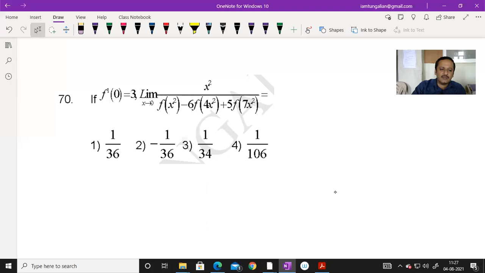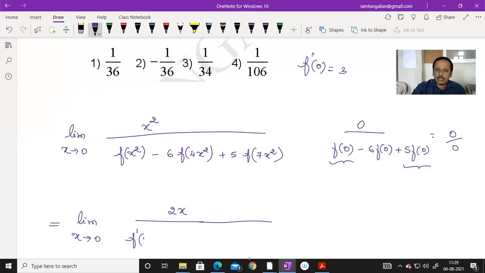Okay. Let's start with the question. If f dash of 0 is equal to 3, limit x tends to 0, x square divided by (f of x square minus 6 into f of 4x square plus 5 into f of 7x square) is equal to. Okay. So they have given that f dash of 0 is equal to 3. f of 0 they have not given.